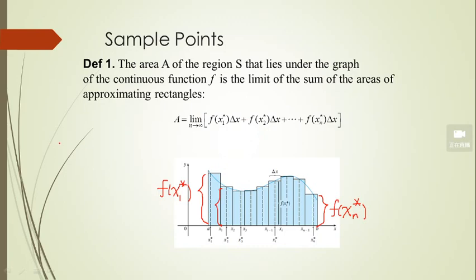x1 star, x2 star, until xi star, xn star, they are called sample points for each subinterval.